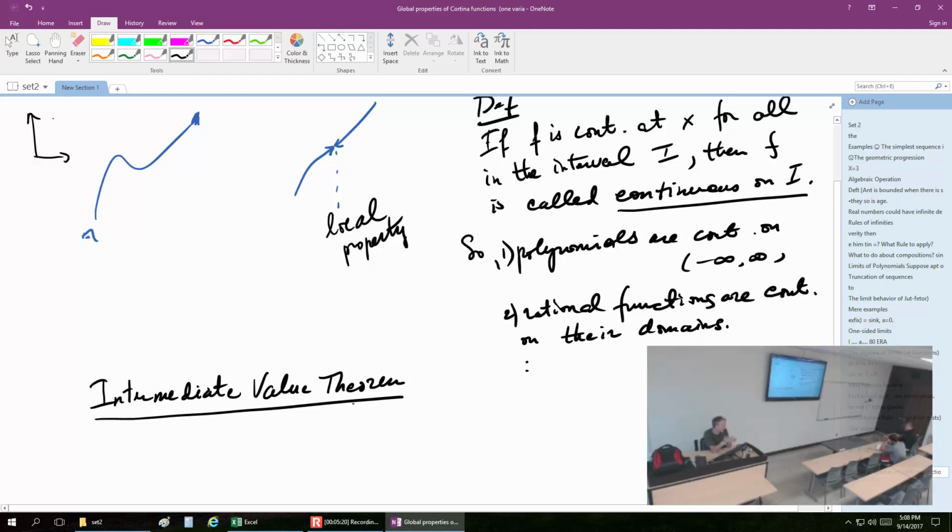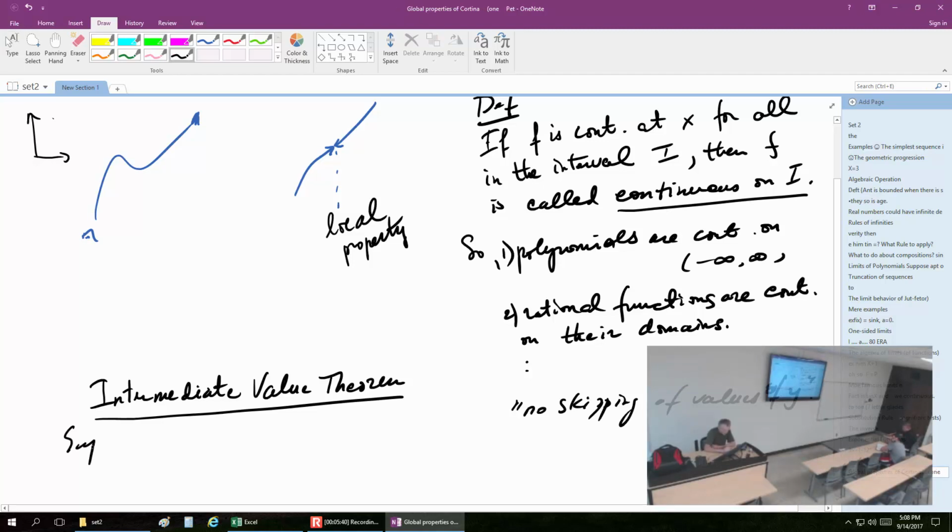So it goes through the continuous function, and if the function is continuous, then we're not skipping values. So that's the idea: no skipping of values of y this time.